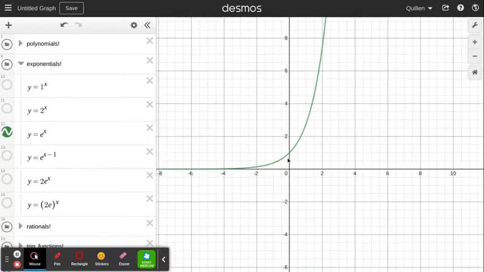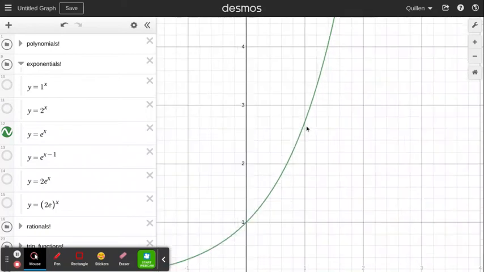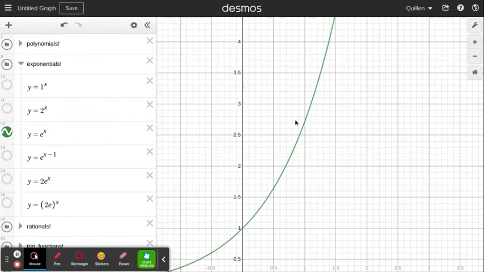But let's think about what e is. If you remember with 2 to the x, when x equaled 1, y equaled 2. So applying that to this, when x equals 1, y is going to equal e on this green line. And you'll notice that that is about 2.75 maybe.